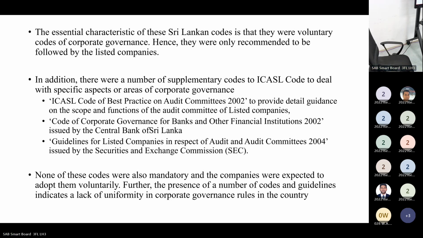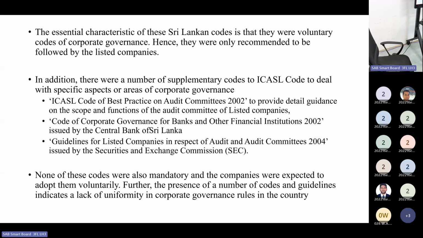They were voluntary, and only through other mechanisms, the listing rules, were they made compulsory for companies listed on the stock market. So through listing rules they made it compulsory, but the code came as voluntary.